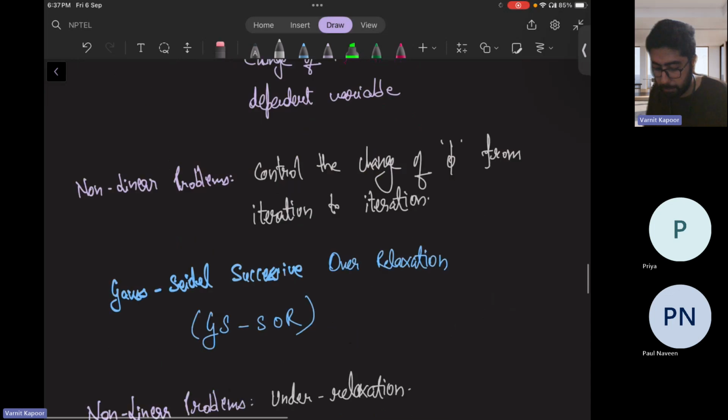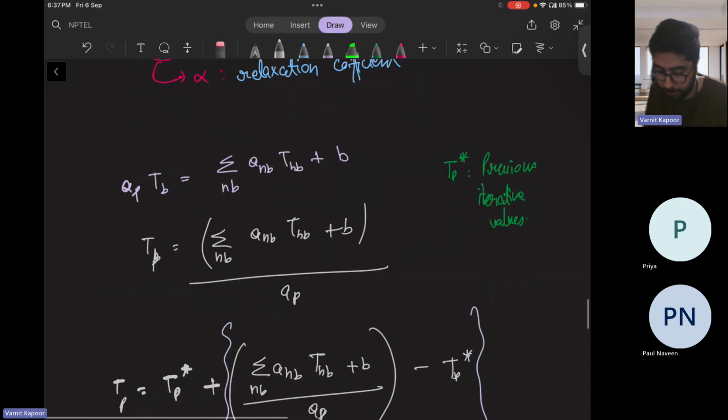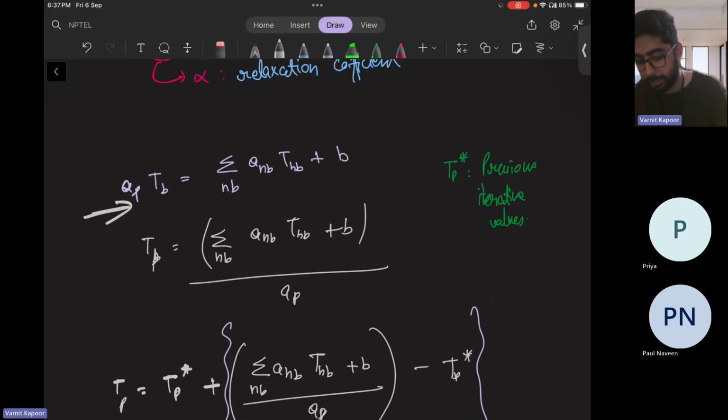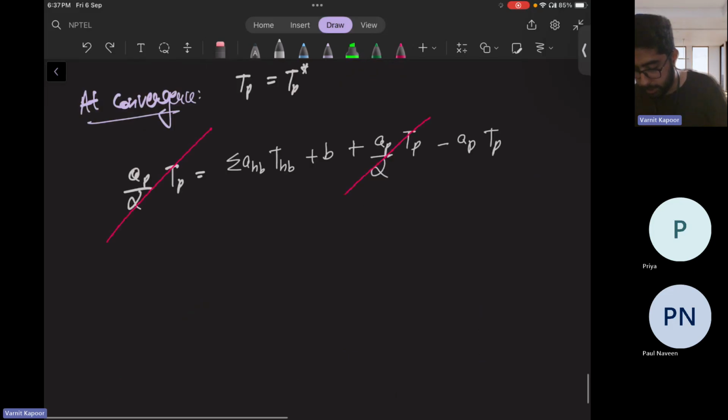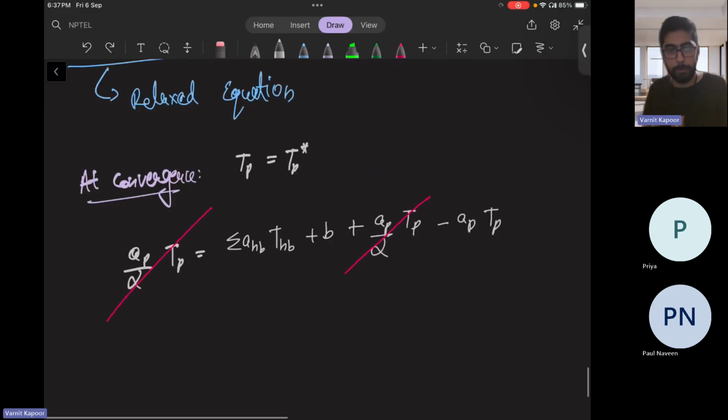So that means giving the under relaxation or over relaxation does not change the final result, it just slows down or fastens your process. But at final convergence, the result will come out the same.